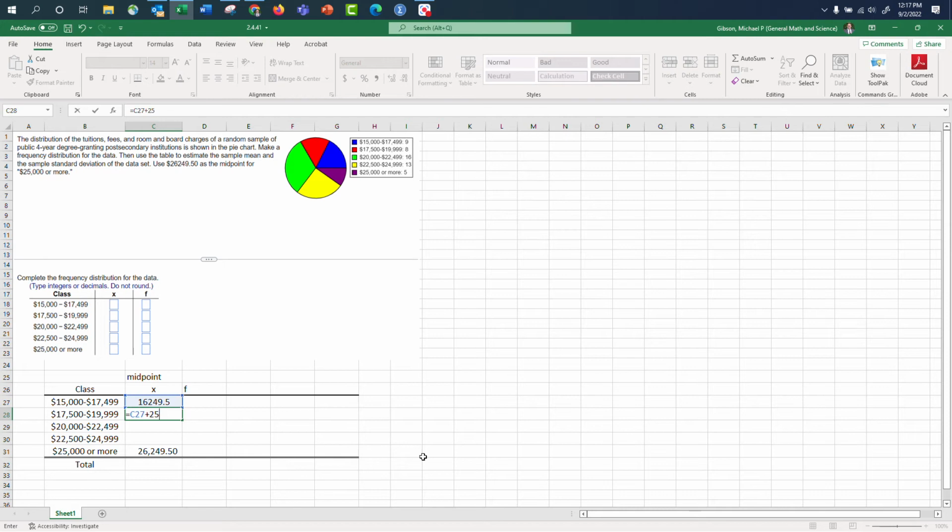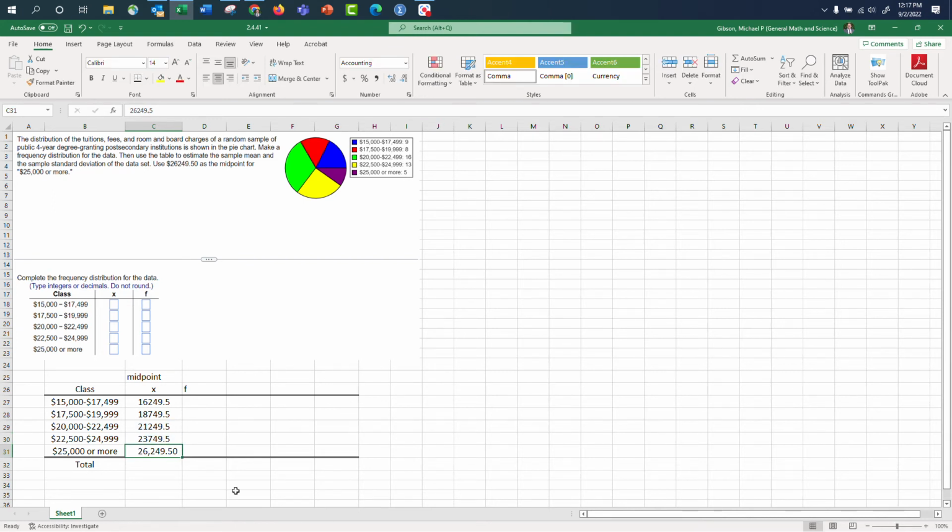There we go, plus 2,500. Just do that till we finish it. Do it again, and one more time. Now, these are all supposed to be to the penny, so I'm just going to show the decimals a little bit more, and put the comma in. They all are the same format.